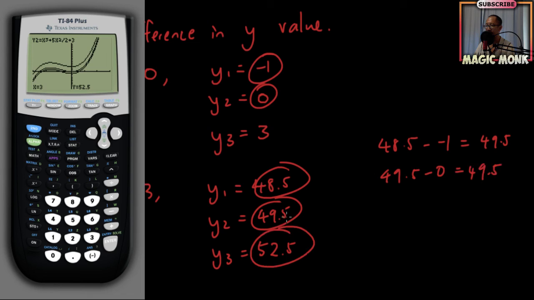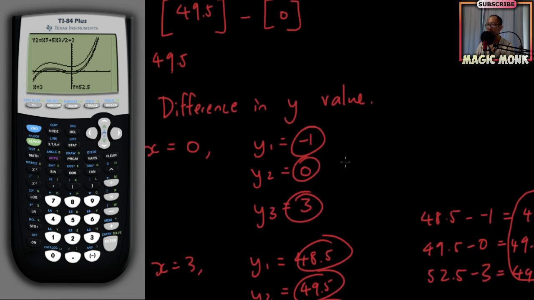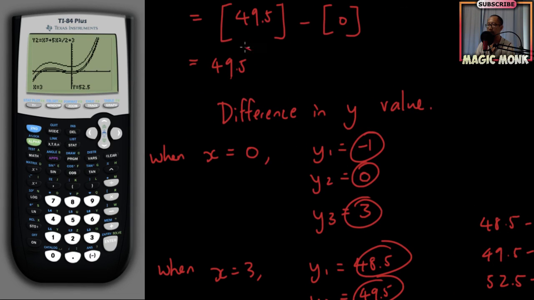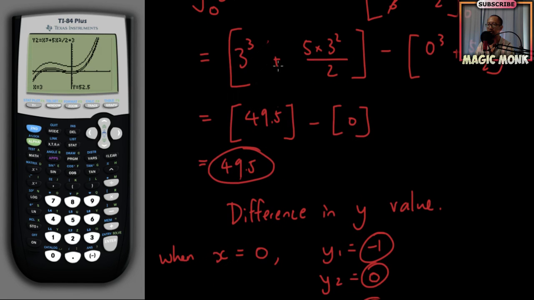If you went 52.5 minus 3, it's still 49.5. So that's why this is called a definite integral, because you get a numerical answer and there is no constant at the end. This is the exact answer. The definite integral has an exact answer. There is no uncertainty in the definite integral.